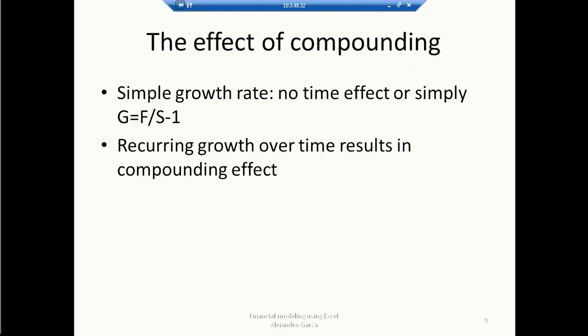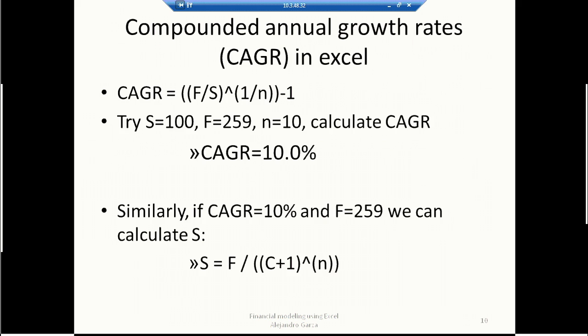But if you apply that growth over a number of periods, and you have a time series, you have 5 years growing at 5% per year, for instance, your ending figure will be much larger than just the 5% because it's compounding year over year. So what you're doing is simply applying period over period the same formula, growth equals final divided by starting minus 1, but introducing the effect of time, how that compounds year over year.